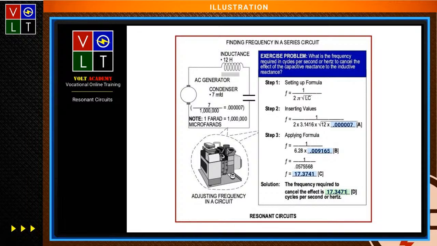So I'm going to square root that 12 times that 0.0000007, and then I'll multiply the 2 constant times your square root, 3.146 there, and that's going to give you for your cancel effect here the cycles per second of 17.3471. And this tells you how to go in and find that frequency when you're dealing with a series circuit.